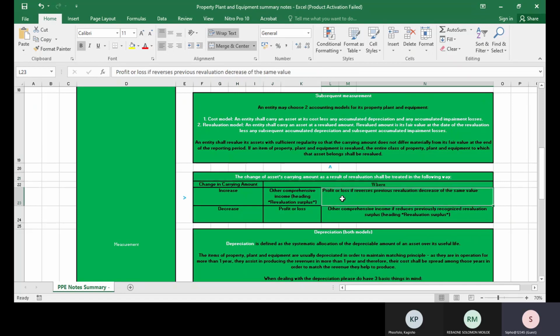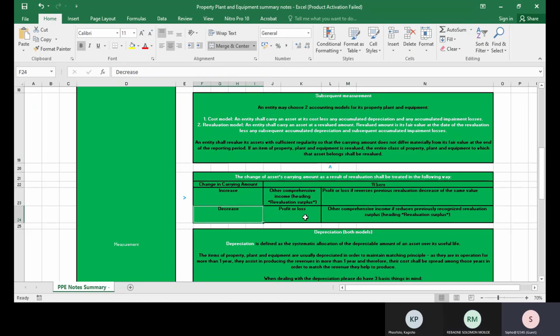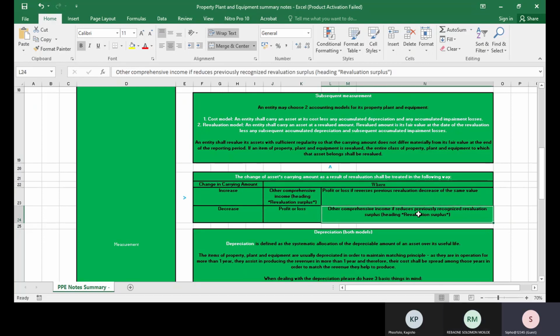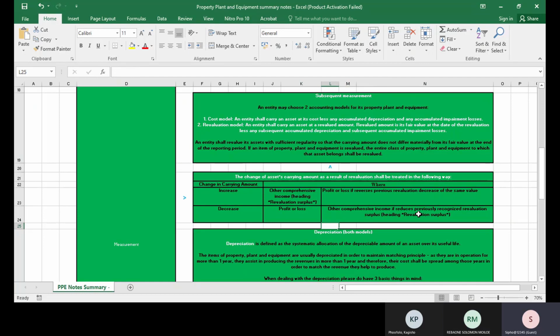For a decrease, if there was a previous revaluation increase of the same asset, the decrease must first hit the revaluation surplus, in other comprehensive income, reducing the previously recognized revaluation surplus. Then if there is any more decrease, the difference must hit profit or loss. That's what they mean, but you'll understand these things when we do examples.